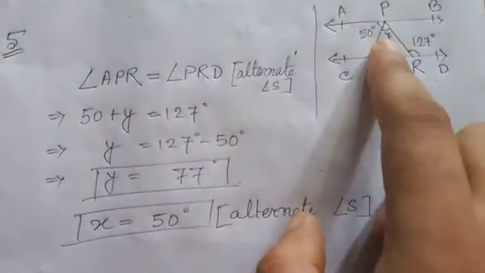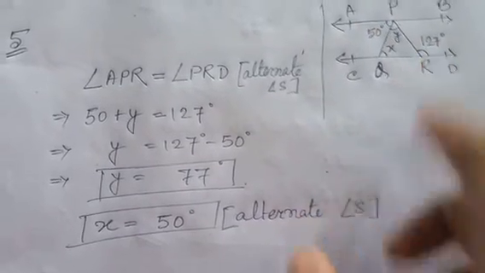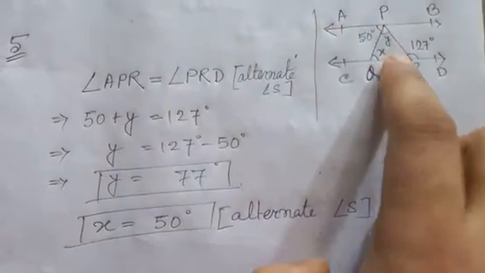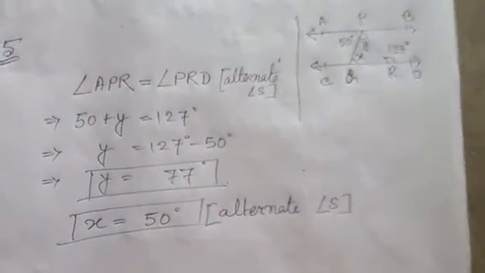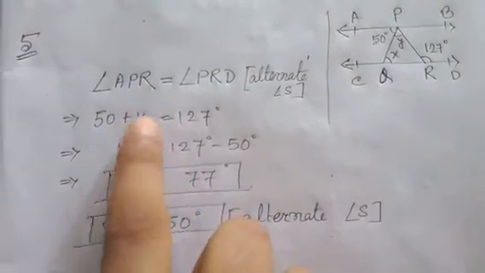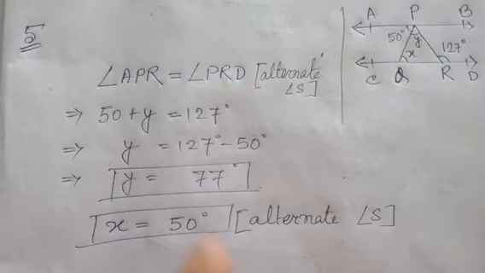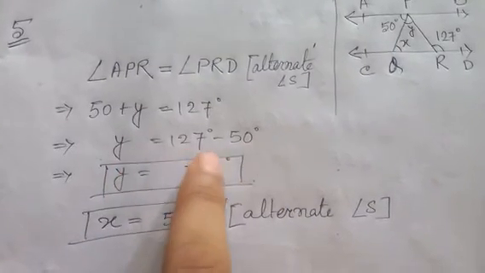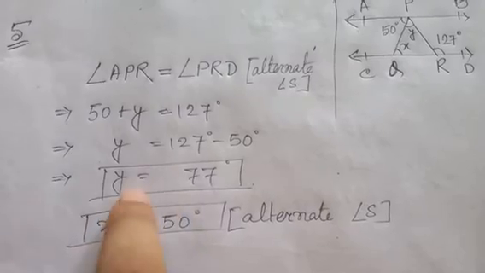And y plus 50 equals 127, because APR and PRD are also alternate angles. Therefore APR is 50 plus y, so 50 plus y equals 127. Therefore y equals 127 minus 50, which is 77. Therefore x equals 50, y equals 77.